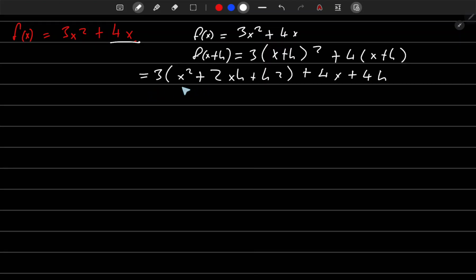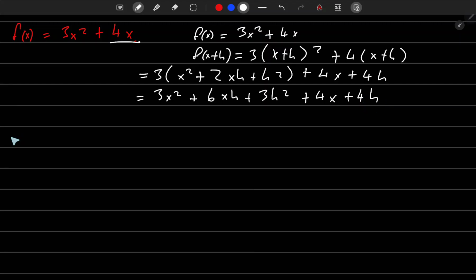Okay, and now we can multiply the 3 into the bracket, so 3 times x squared is 3x squared, 3 times 2xh is plus 6xh, and then plus 3h squared plus 4x plus 4h.